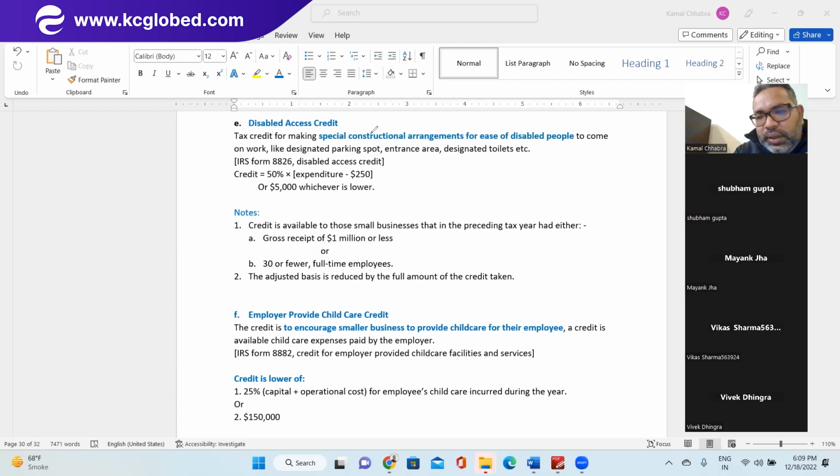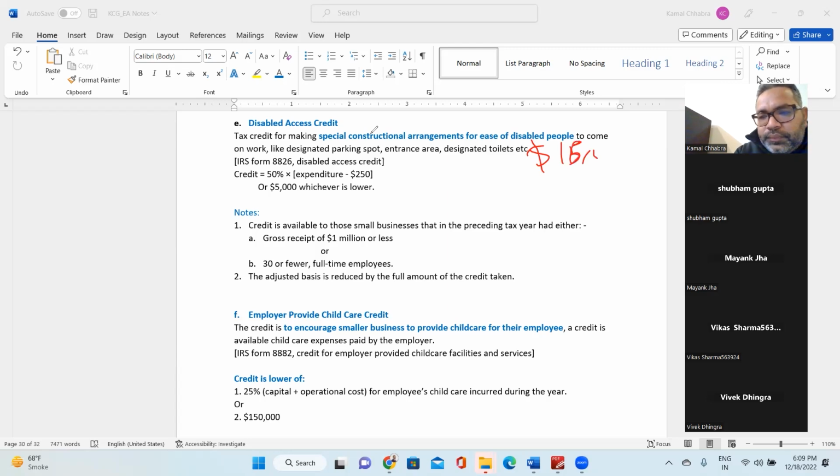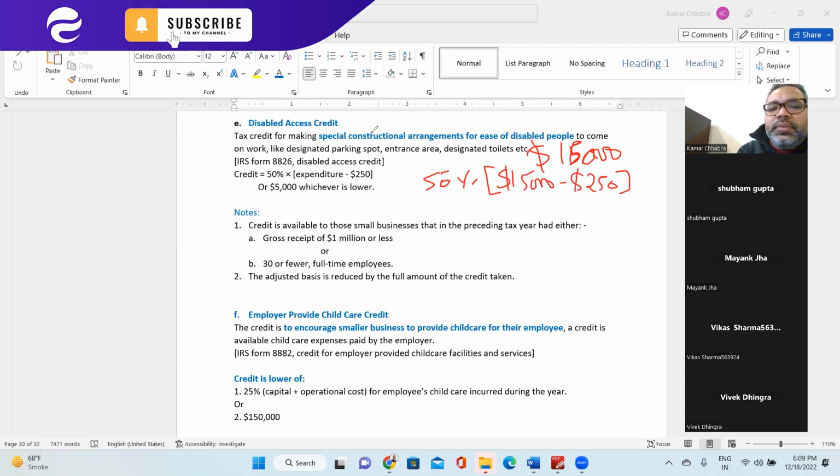And you end up incurring, let's say, $15,000 for a separate toilet and separate entrance in your shop for disabled people. So in that scenario, how much tax credit is available to you? Which is 50% of $15,000 minus $250.